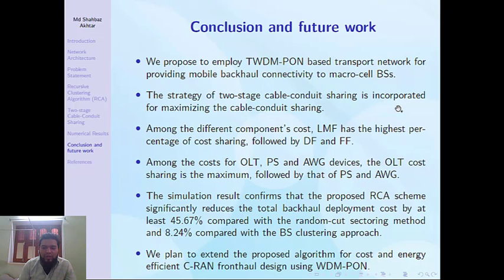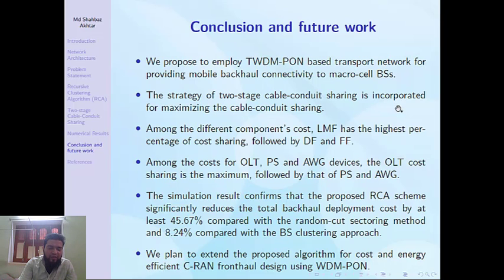Among the different deployment costs, last mile fiber cost is highest, followed by distribution fiber, then feeder fiber. Among the device costs, OLT cost is maximum, followed by power splitter and AWG. Simulation results confirm that the RCA scheme significantly reduces the total backhaul cost by at least 45.6% compared with the random sectoring method, and 8.25% compared with the base station cluster scheme.